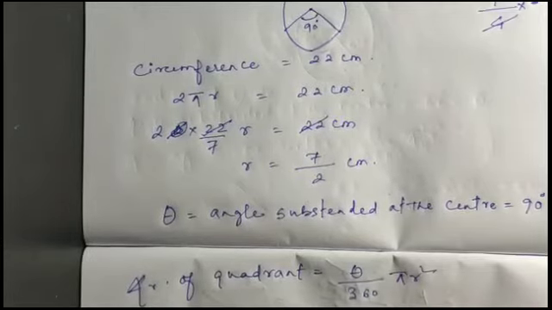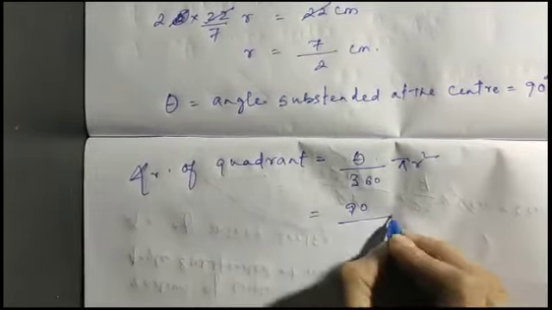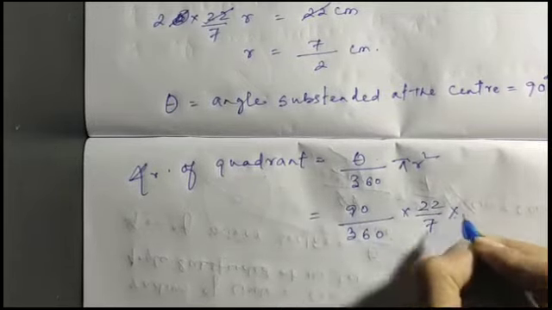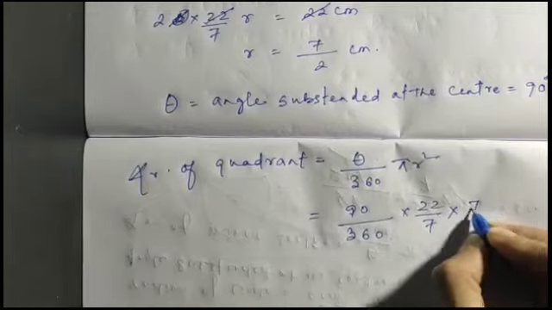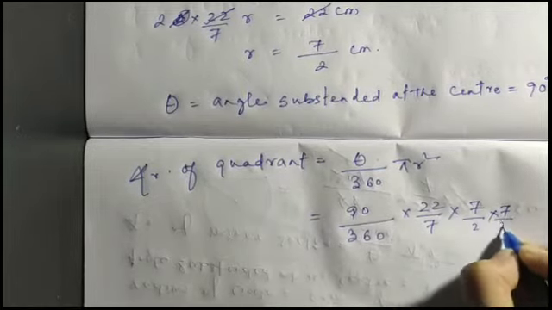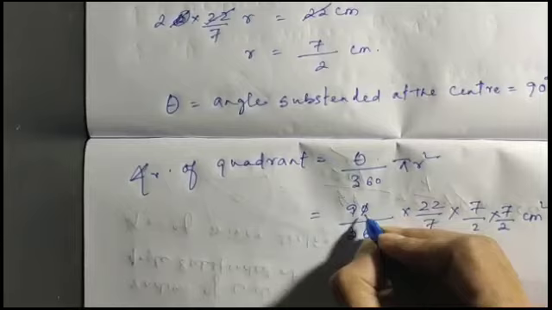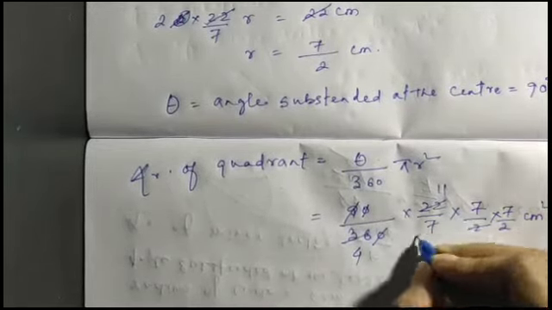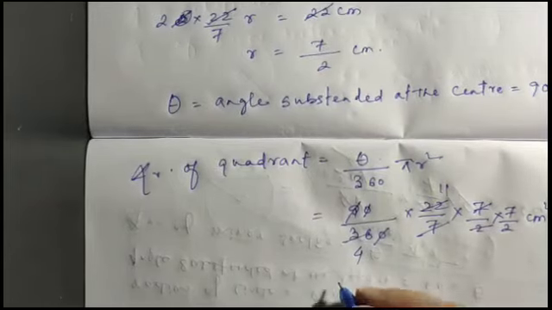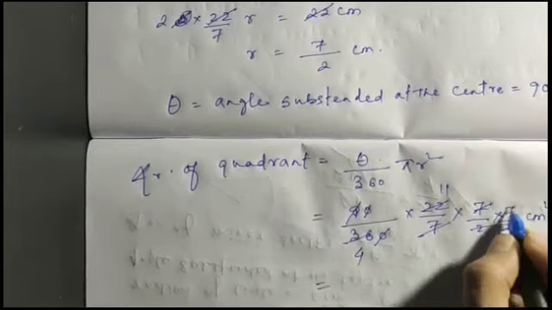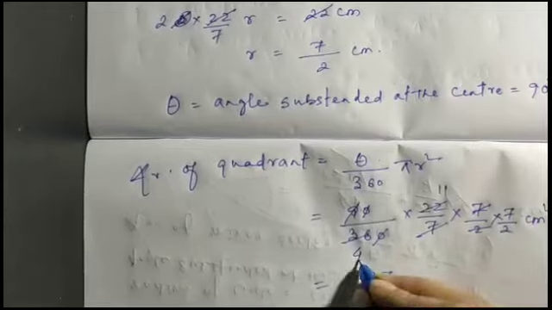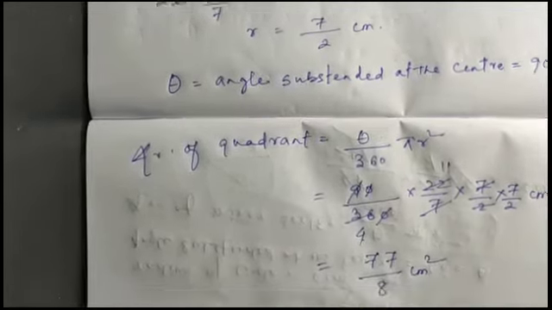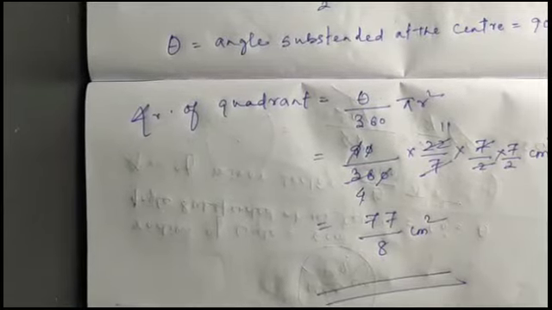Theta is 90 degree by 360, pi is 22 by 7, and the radius that we got is 7 by 2 into 7 by 2 centimeter square. 0 0 cancel, 9 4s are 36, 2 11s are 22, 7 7 cancel, nothing more is left. I hope, 11 7s are 77, 4 2s are 8 centimeters square. This is the area of the quadrant that we got from this question.